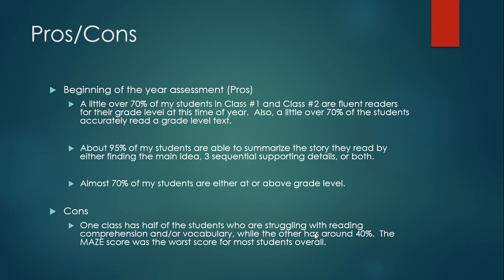As we talked about the cons, looking at where their areas of strengths and weaknesses, their weakness definitely is the maze. So that means I need to work on figuring out exactly what to do when it comes to this maze. Sometimes I've noticed that it's not just reading comprehension and or vocabulary, but it's also one of two other things.